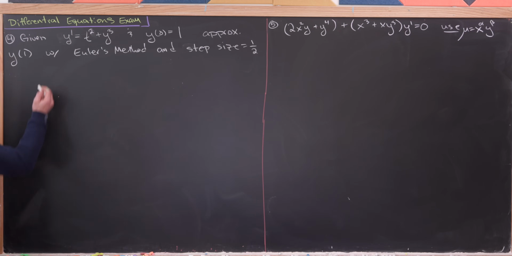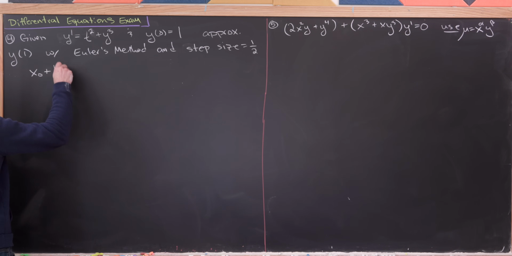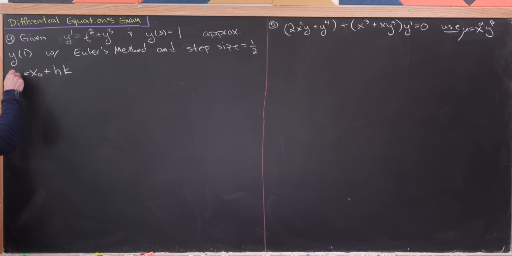Okay, so let's observe that generally we have x_0 + h·k as the formula for the kth iterate of x. That is true for everything set up with Euler's method. But notice in our case, x_0 is just equal to 0.